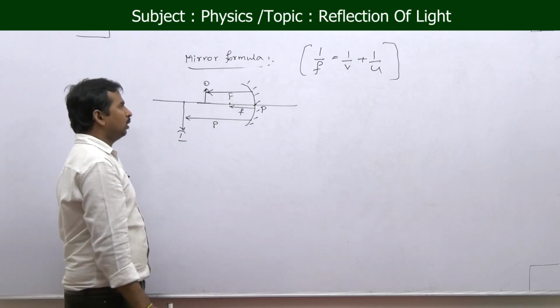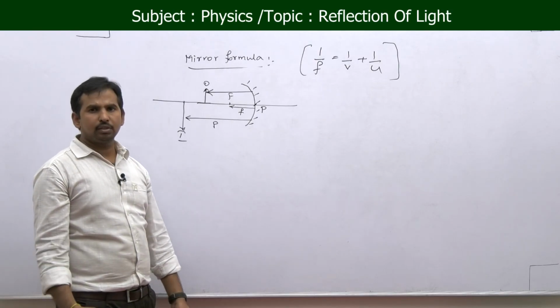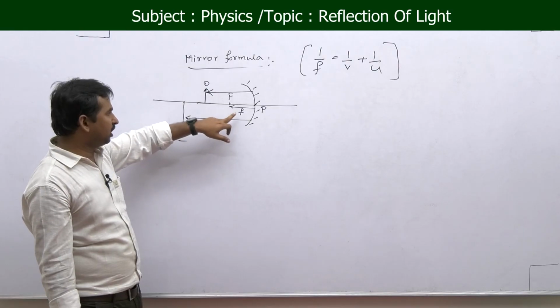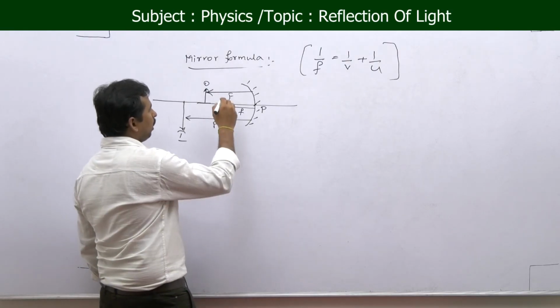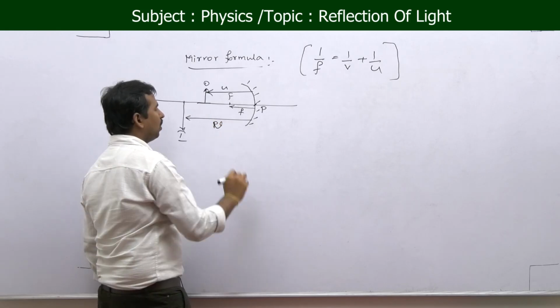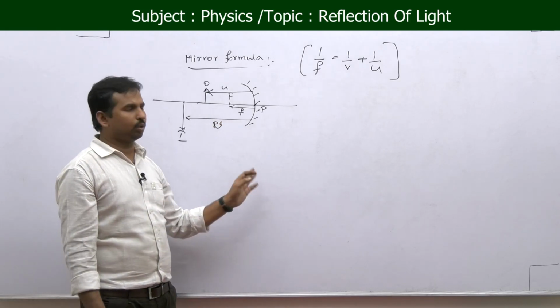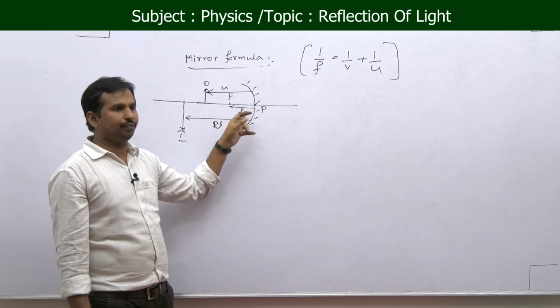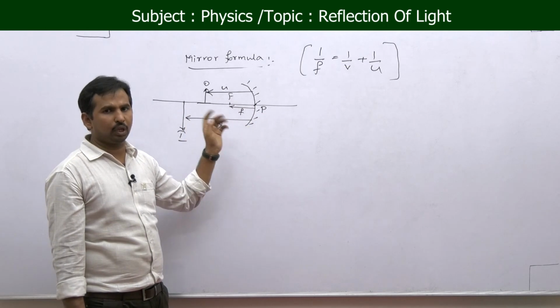This is our rule 1. Let us see rule 1 again: any distance you measure, f, the object distance u, or the image distance v, all these three you have to start only from the pole of the spherical mirror.